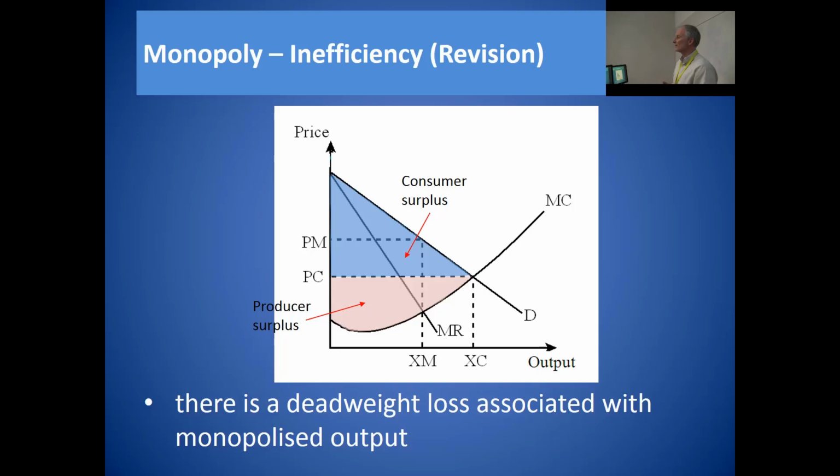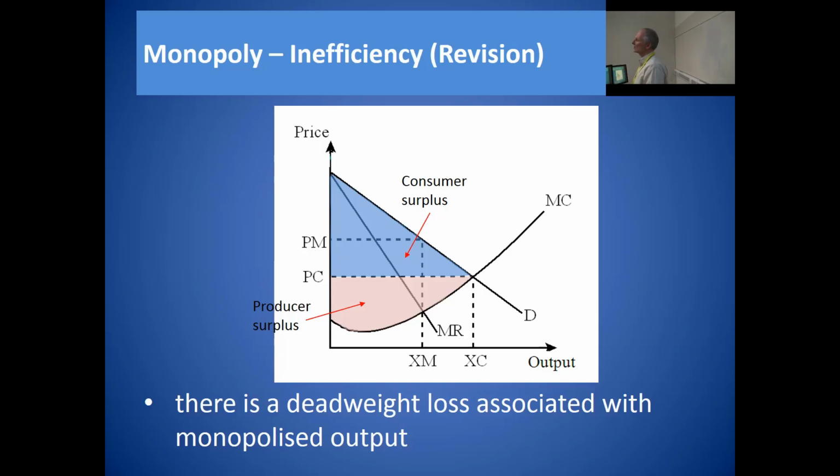So, how would we identify that? Well, we've identified the situation of perfect competition, where an output level of XC is produced and a price of PC per unit is charged. And monopoly, though, what does it do? Well, we know a monopolist restricts output. But to what point does it restrict output?